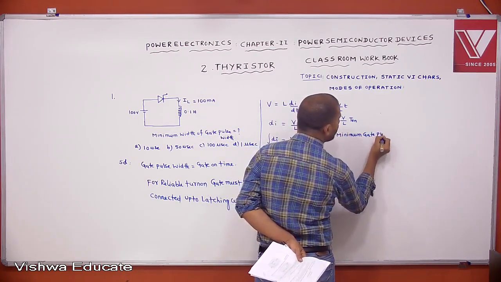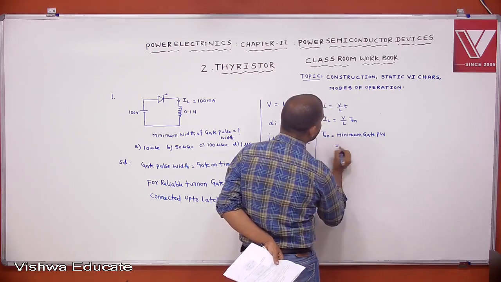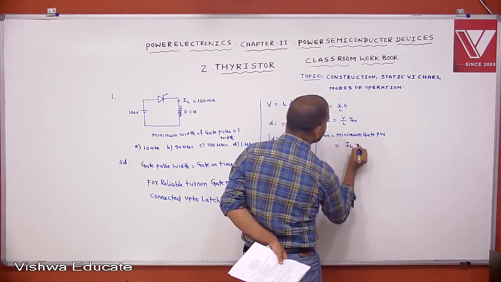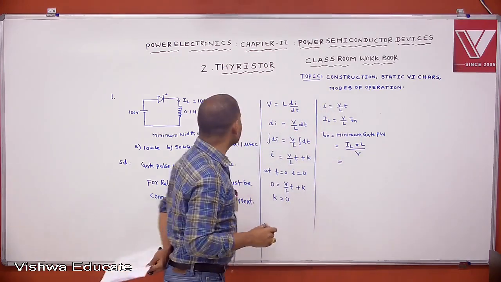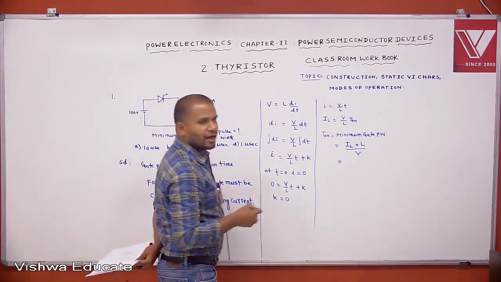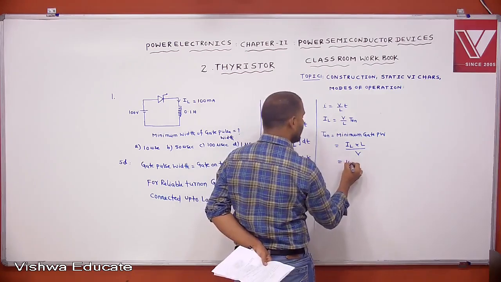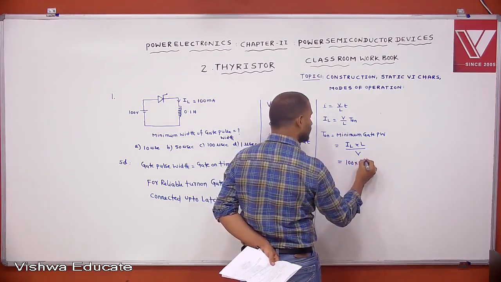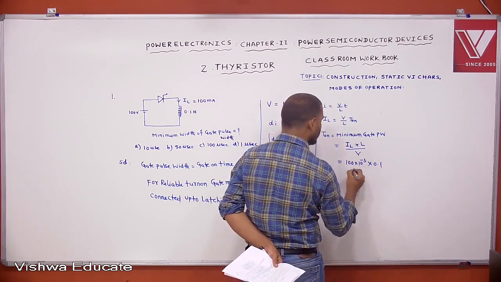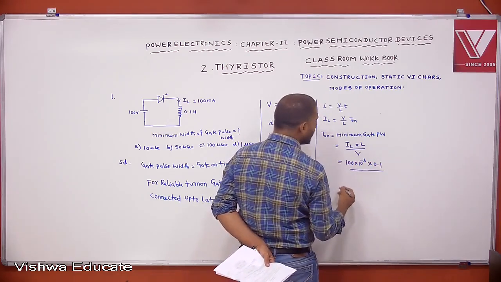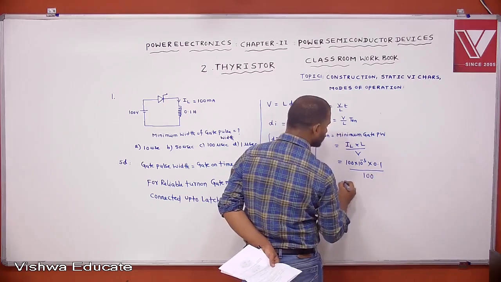So the minimum gate pulse width is equal to IL into L by V. IL is the given latching current, 100 milliamperes, that is 100 into 10 to the power of minus 3. L is 0.1 Henry, divided by V, which is 100 volts.